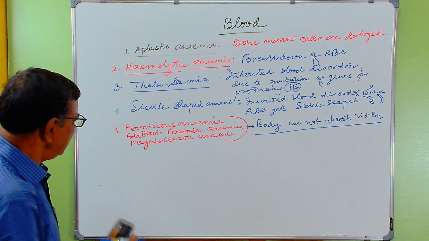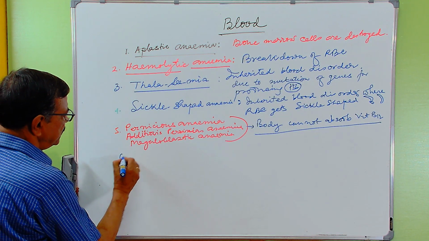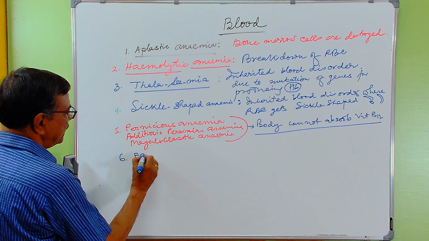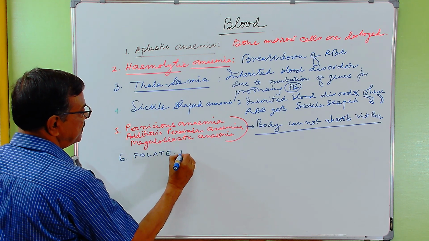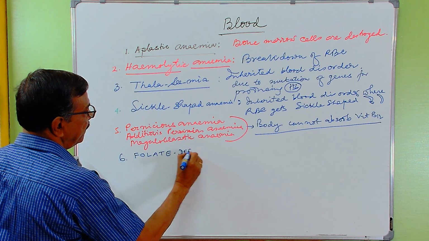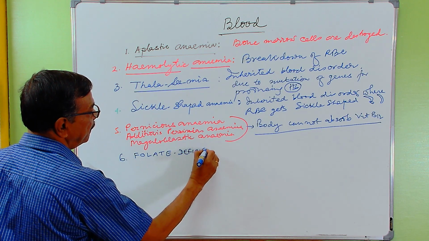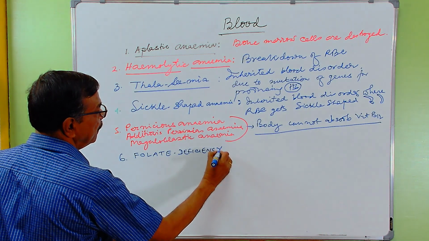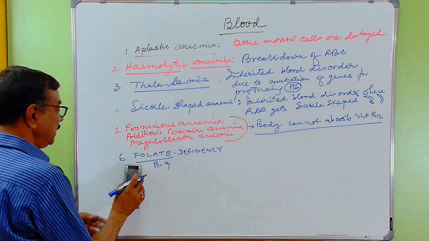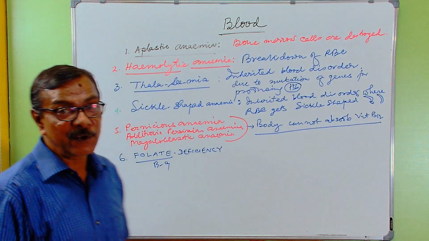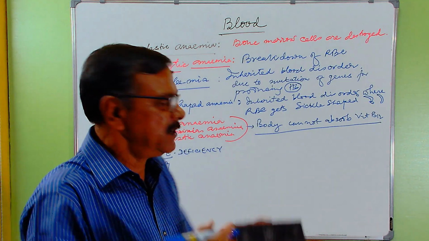There is another one. This is also nutritional. This is called folate deficiency. Folate is actually vitamin B9. Vitamin B9 is also required for erythropoiesis.